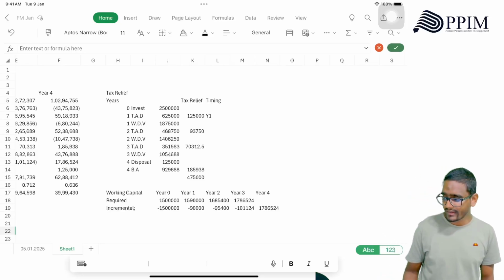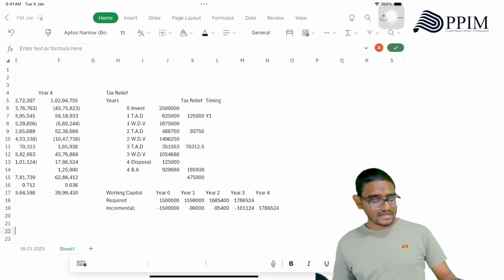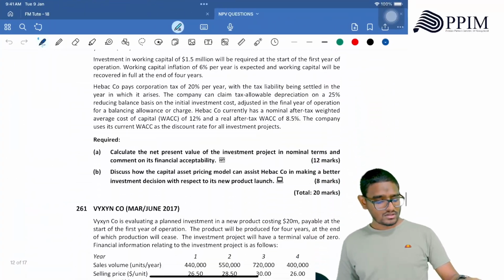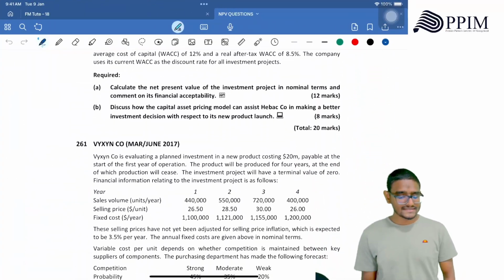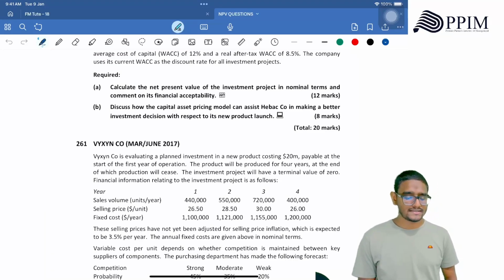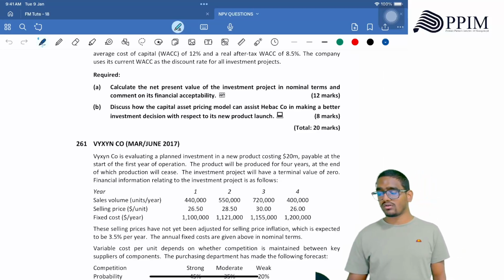Okay. Right. So they are saying discuss how the capital asset pricing model can assist HEBAC company in making a better investment decision with respect to its new product launch.